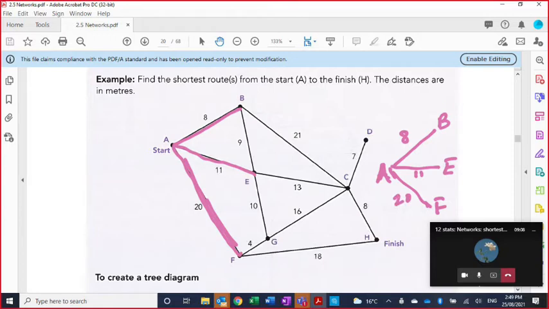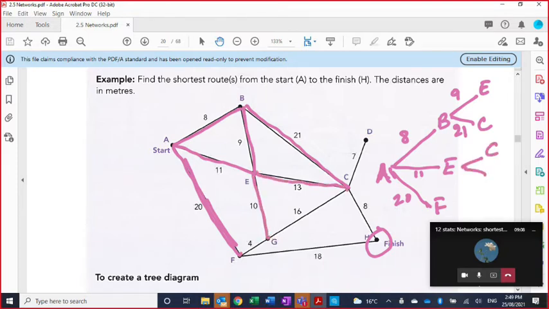Then you're just going to go to the second set of branching. Now we're trying to get here. So from B, I can either go to E or I can go to C. E has a distance of 9. C has a distance of 21. From E, I can go to G or I can go to C. So you see I'm just labeling every possibility.